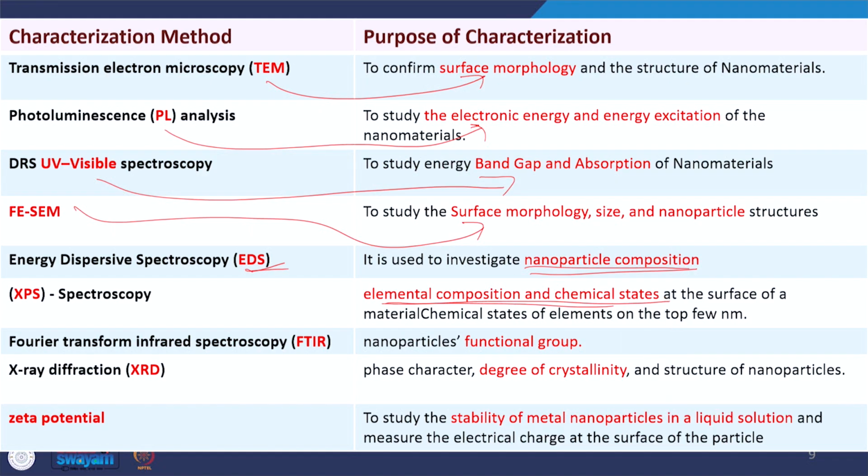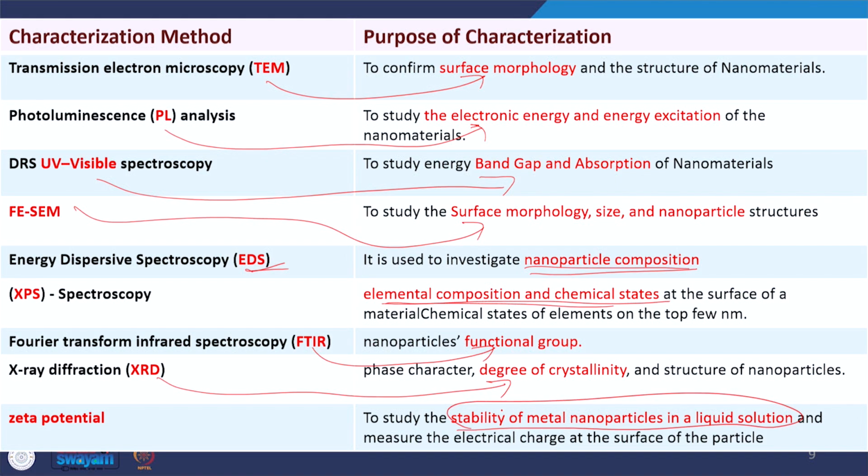Suppose we have a catalyst or nanoparticles made of copper; that copper may be in two different oxidation states, +1 and +2, and in what ratio they are present, we can also find out. Similarly, FTIR characterizes the functional groups present, XRD gives the degree of crystallinity, and zeta potential is also very useful.